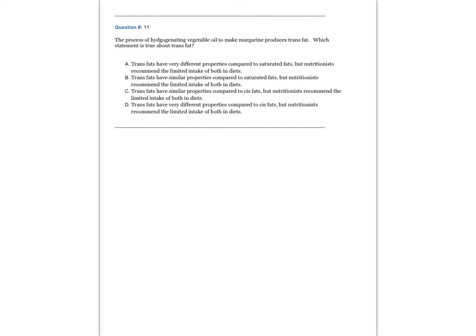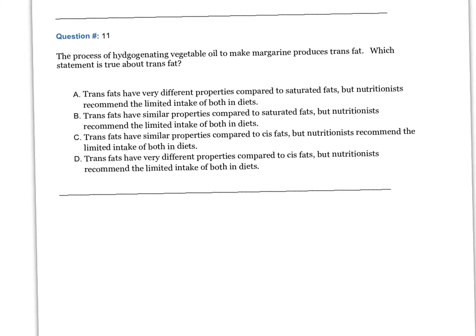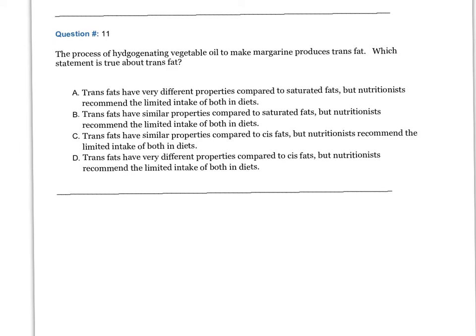Question number 11. The process of hydrogenating vegetable oil to make margarine produces trans fat. Which statement is true about trans fat? The answer is B. Trans fats have similar properties compared to saturated fats.